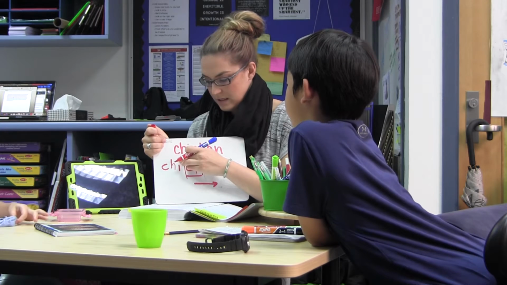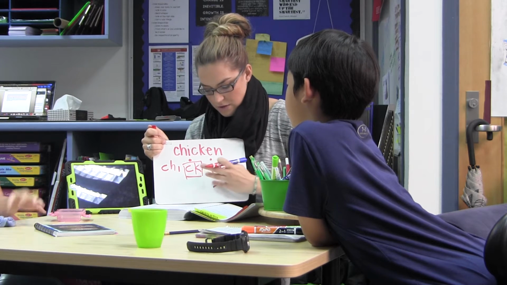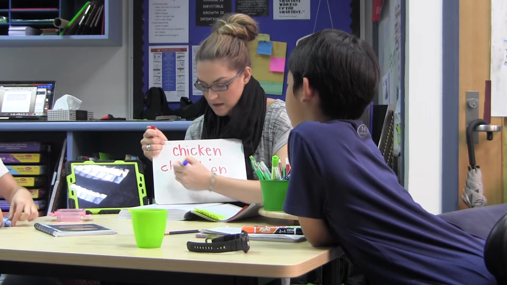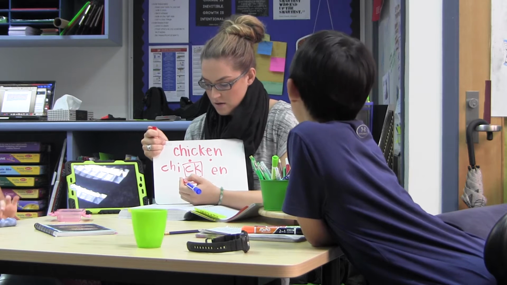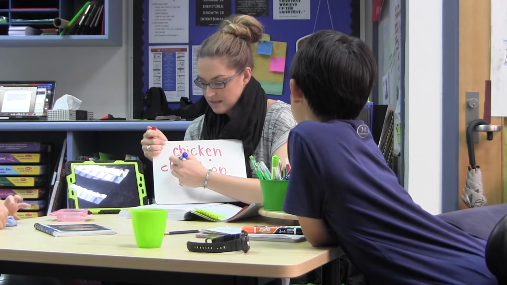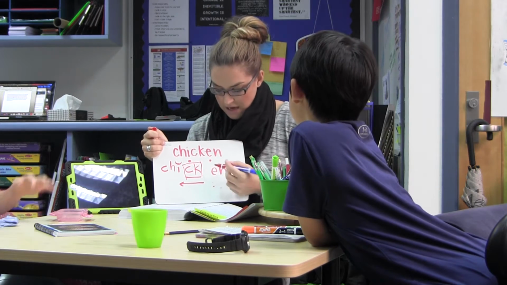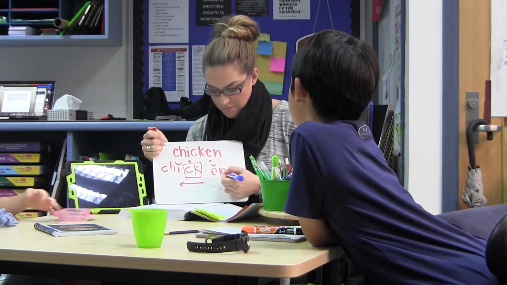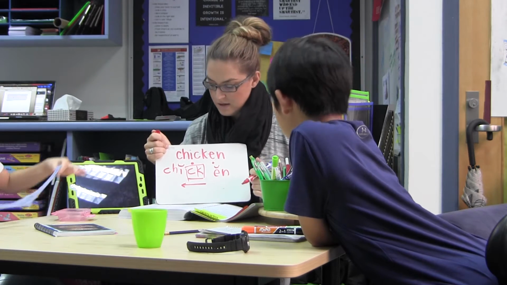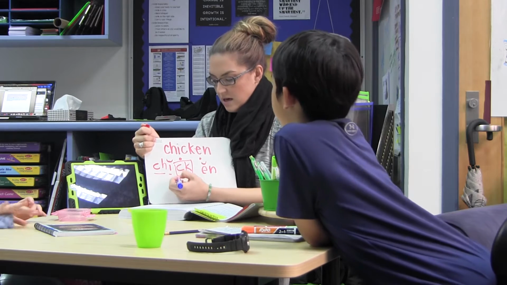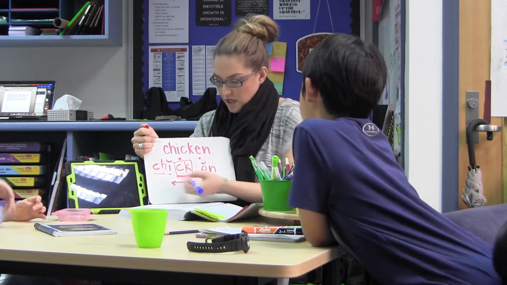So I'm going to try going the other way. With the I closed in by the CK, it's a short vowel sound in a closed syllable. And then my E is going to be also a short sound because it's closed in by my N. So when I go to pronounce this word, I'm going to sound it out: ch-ik-n. Chicken. That sounds like a word I know.